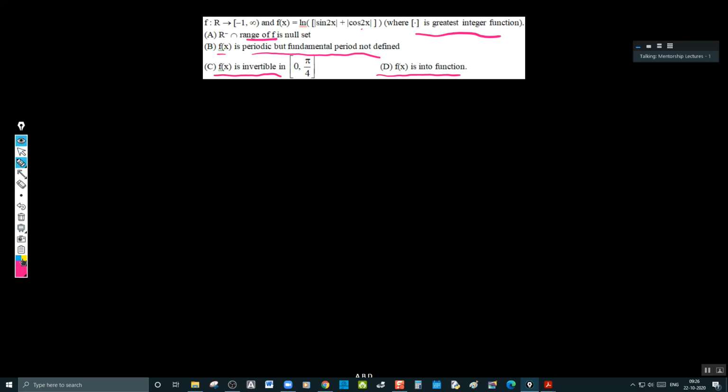Mod sine 2x plus mod cos 2x, we are talking about how its value will be. That is, what is its range? For range, max, we can use that formula.